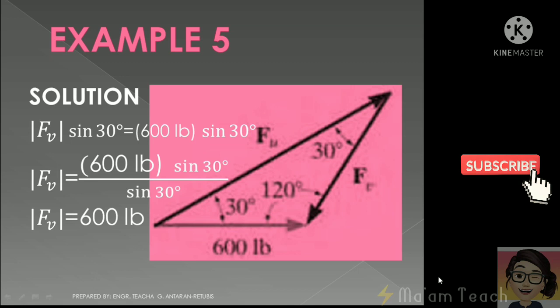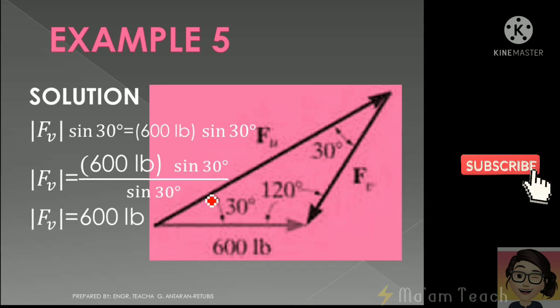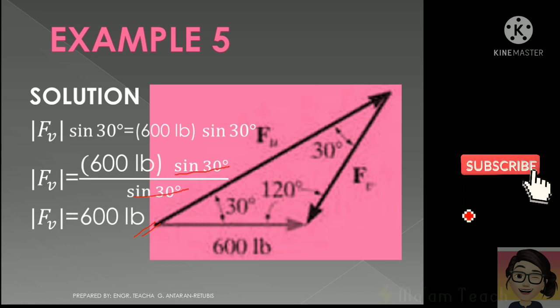Actually, you don't have to use a calculator, because you can directly cancel this out. Sine 30 is just a product here at the numerator, so you can simply cancel the sine 30. So this is the value of the v component of your given force.